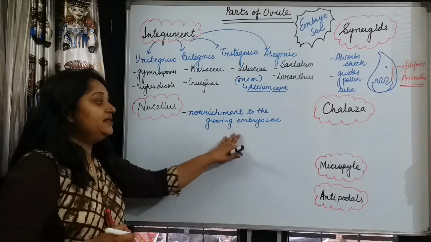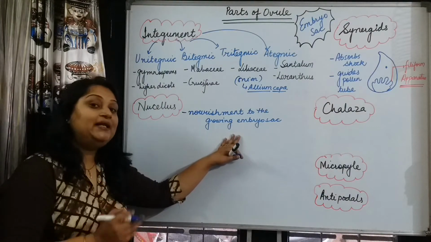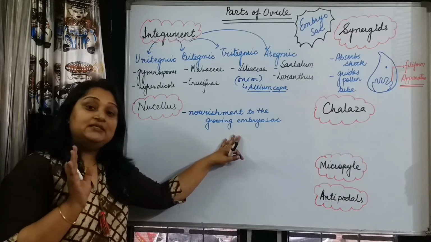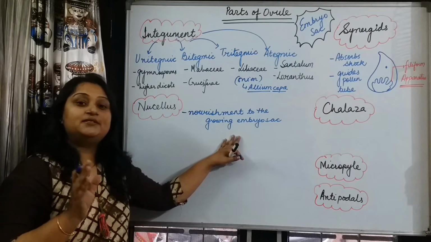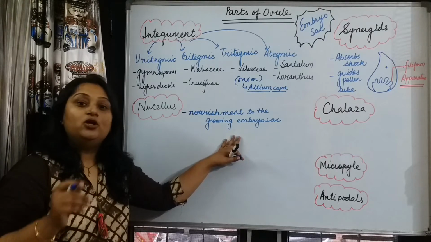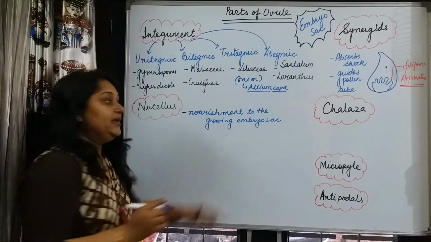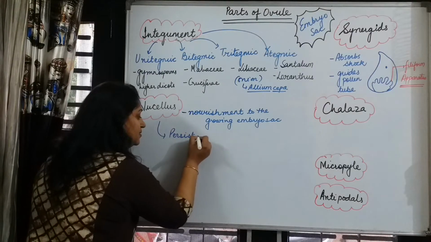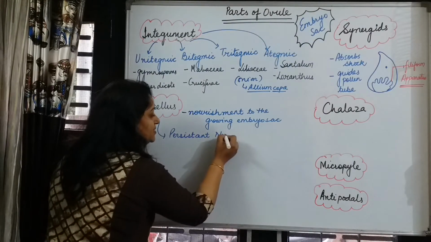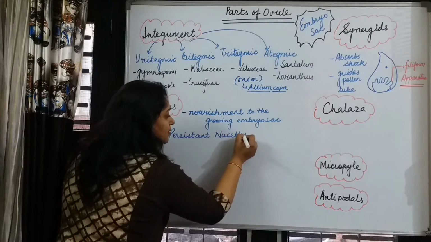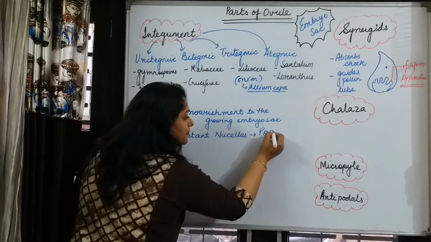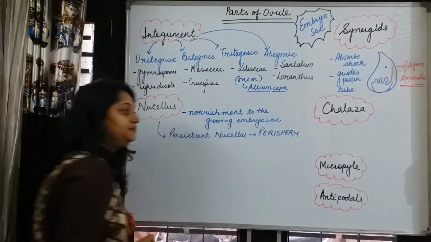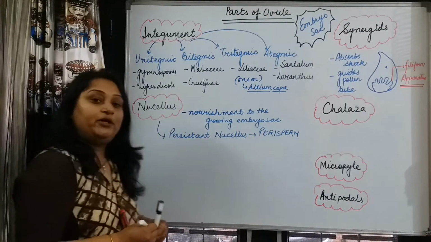That means it is used up while the embryo sac is developed. But in some cases, the nucellus still remains persistent throughout in the ovule. In that case, the persistent nucellus is called perisperm. This is a very important point.